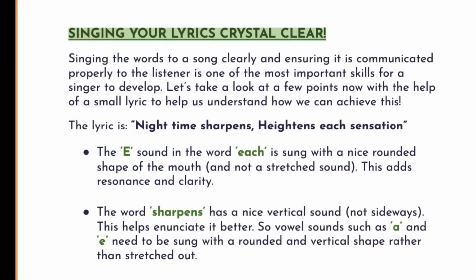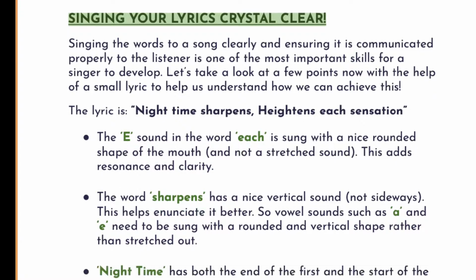Sharpens. So it's going to be more of that vertical sound, especially for vowels like ah. Even if you want to say pens, sharpens. It's going to be more of a rounded vertical movement rather than here. Okay, cool. Now that is out of the way.